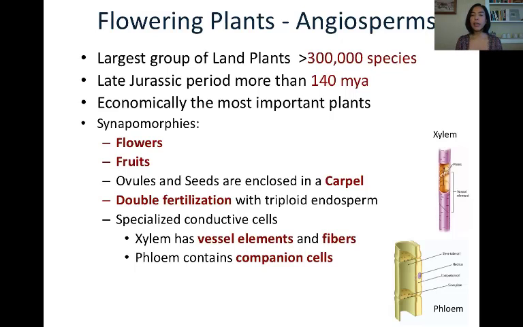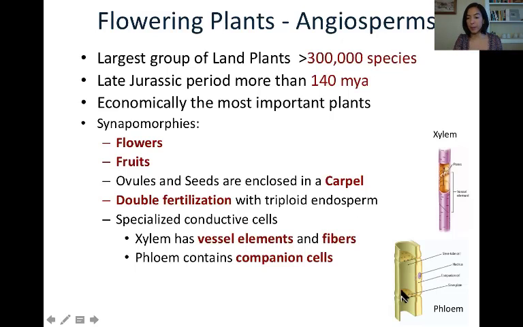But then we're also going to have a specialized vascular system. We say that vascular plants have vascular systems, and they are going to have xylem and phloem. But in angiosperms, the xylem is going to have vessel elements and fibers, whereas in other groups we only have fibers, not vessel elements. And the phloem is going to contain companion cells.